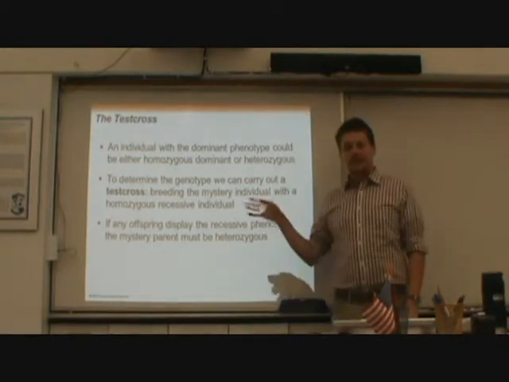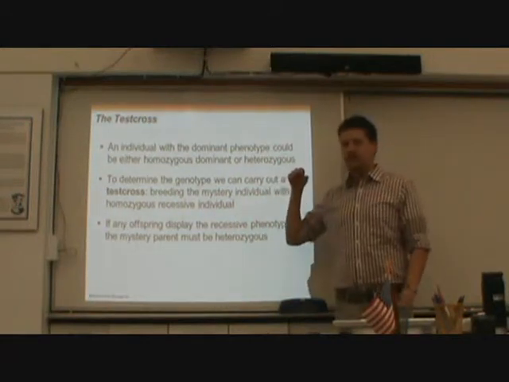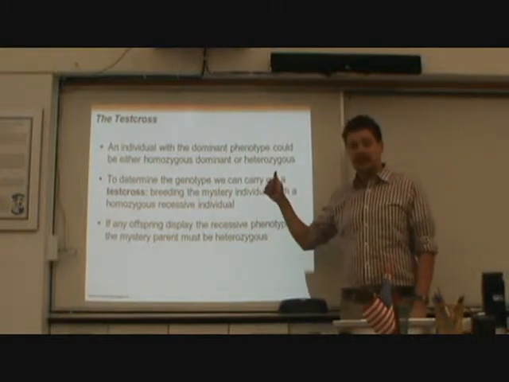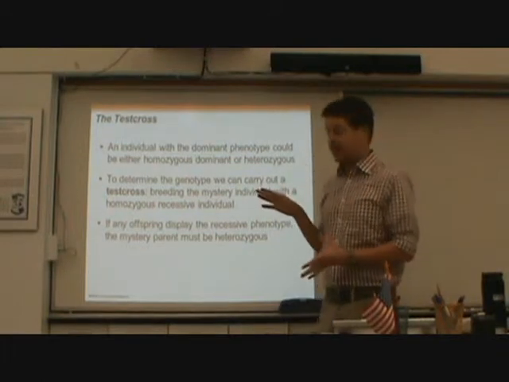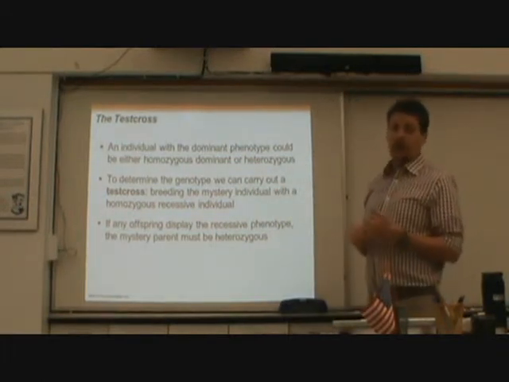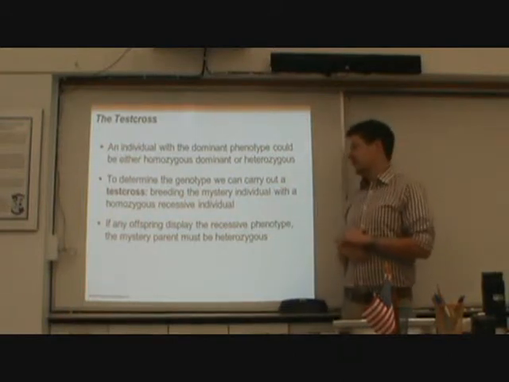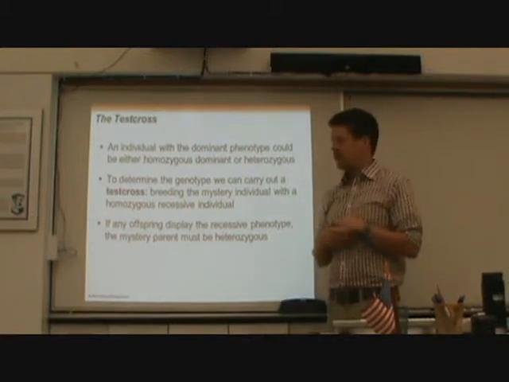So, because, as we saw in the last slide, both the homozygous dominant and the heterozygous genotypes will display the same phenotype, you can't know for sure whether or not, say, a plant with purple flowers is homozygous dominant or heterozygous.